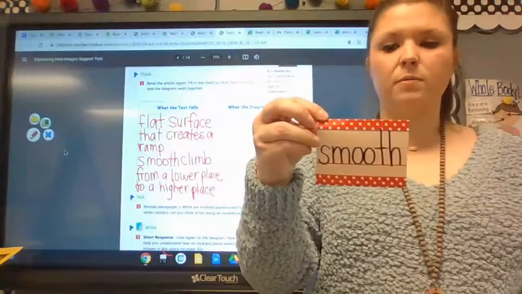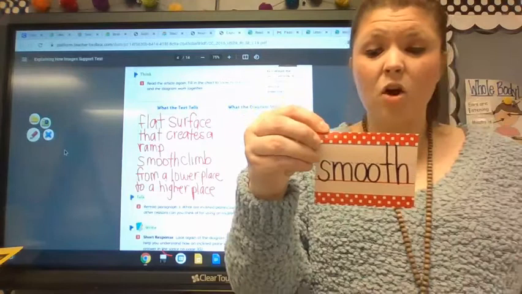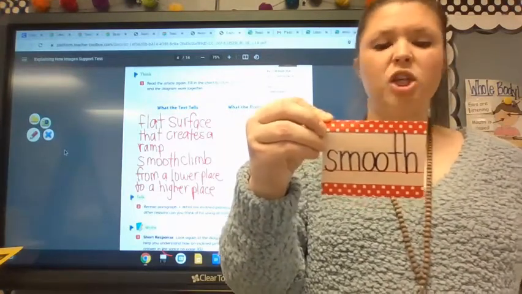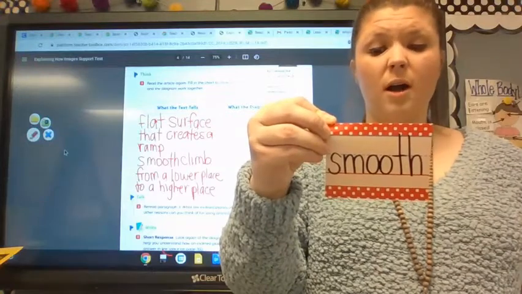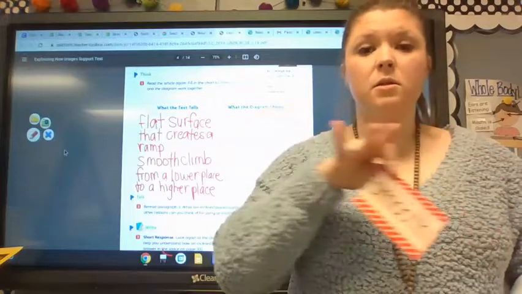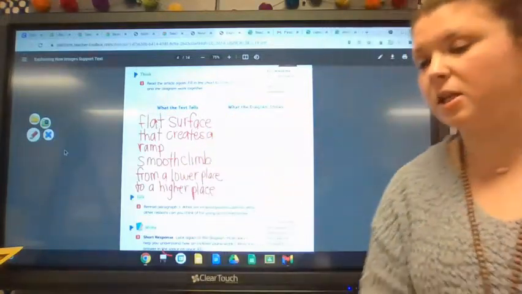Let's look at the word smooth. Smooth means to have an even and flat surface or consistency. That means it's free of projections or lumps or indentions in it, okay? So it is smooth. It is having an even and flat surface.